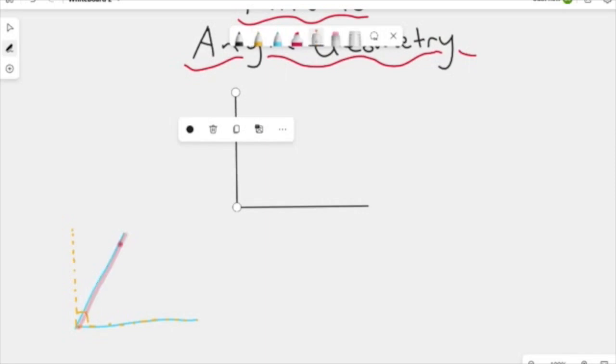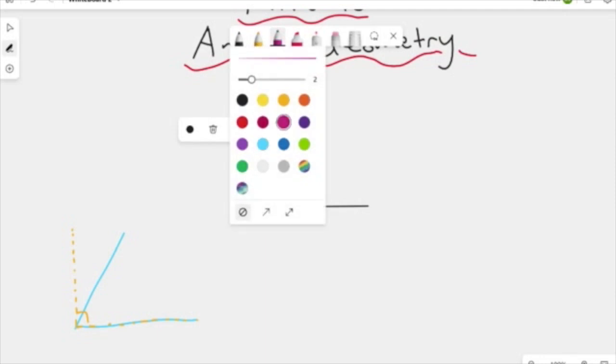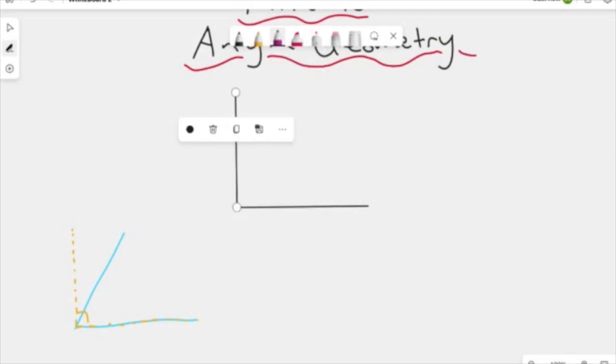It could have been up here, it could have been down here, and these would all make these little angles. So this particular angle here, I'm going to draw in, and we draw in this little arc, which shows essentially the value of the angle.